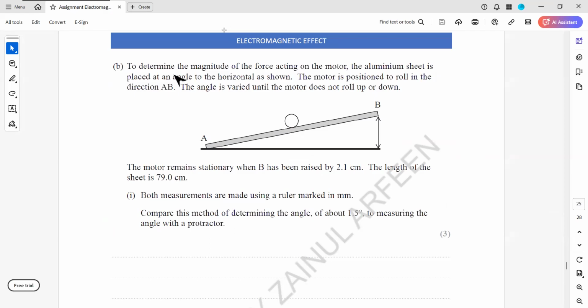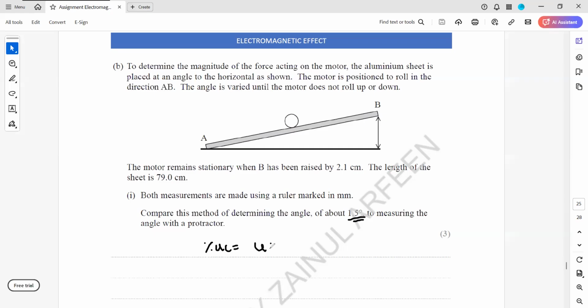Both measurements are made using a ruler which is marked in 1 millimeter. Compare this method of finding the angle of about 1.5 degrees to measuring the angle with a protractor. This is related to the least count. For example, if we measure this angle with the protractor, what about the uncertainty of the protractor?